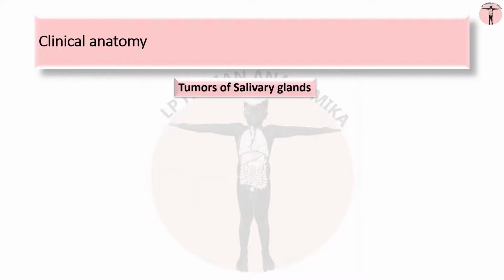The third type of the clinical anatomy of the salivary glands is tumors of salivary glands. Pleomorphic adenoma is one type of salivary gland tumor, which is the mixed salivary tumor, a common tumor of major and minor salivary glands.